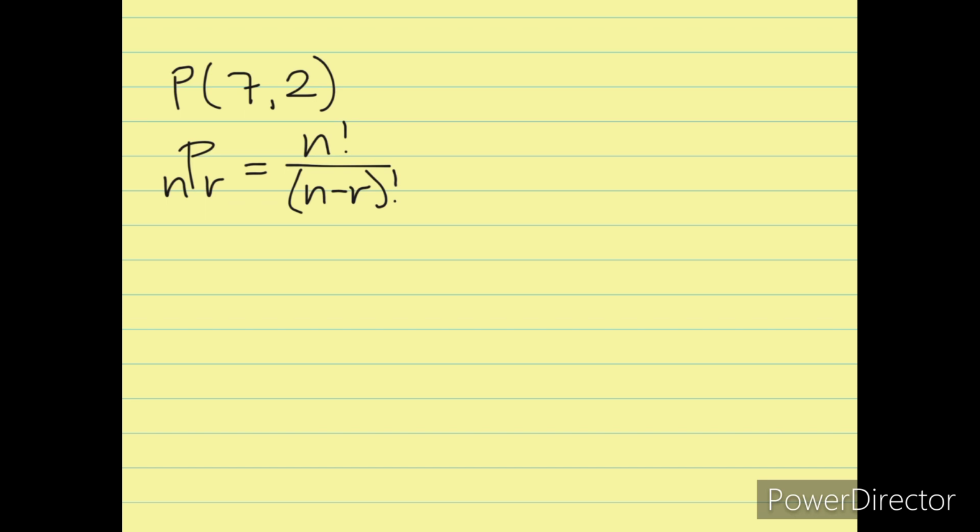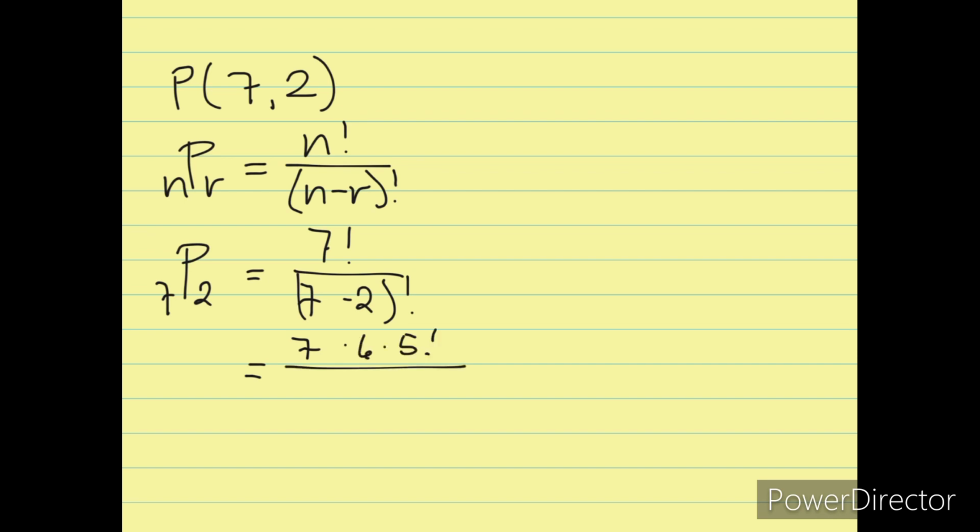So the permutation of 7 taken 2 at a time is equal to 7 factorial over 7 minus 2 factorial, which is 7 times 6 times 5 factorial over 5 factorial.